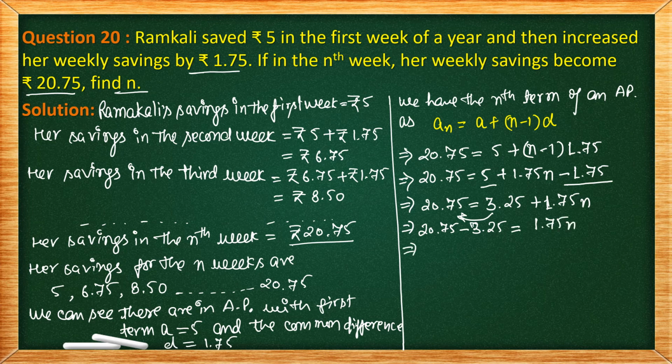Now this implies that 17.50 equals to 1.75 n. Now from here we can find out the value of n. So this is now 17.50 divided by 1.75, and this implies that n is equals to 10.